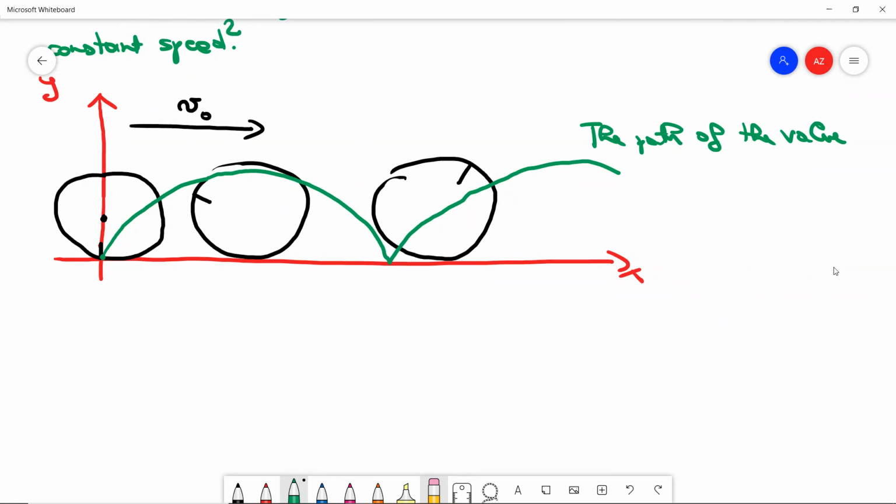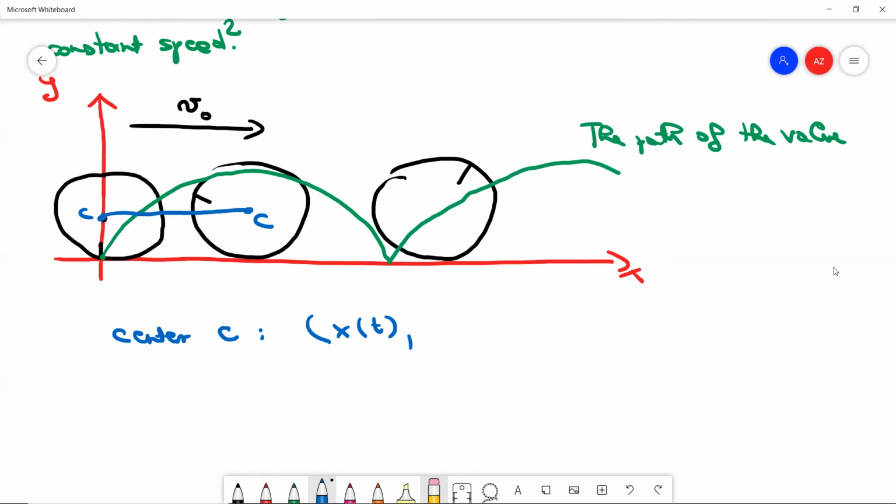But in this example, let's figure out what's the parametric equation of this green curve I've just drawn. So let's say that this is our center C. Center C has position x of t, and y is constant.